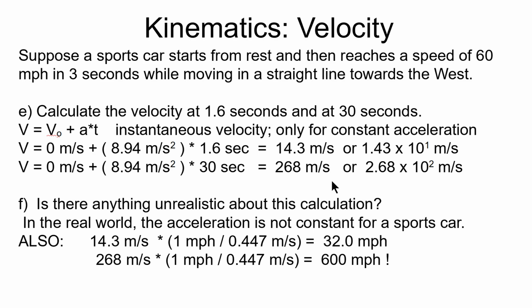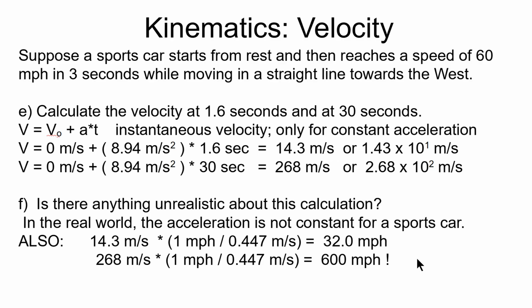Anything unrealistic about these numbers? You may not be familiar with meters per second, so let's change them to miles per hour. And also, again, the acceleration is not constant, but there's a bigger problem. For this first result, the final velocity of 14.3 meters per second at the time of 1.6 seconds, we get 32 miles an hour. That's not unreasonable for a sports car. But the other calculation, at 30 seconds, assuming constant acceleration, that 268 meters per second becomes 600 miles per hour.